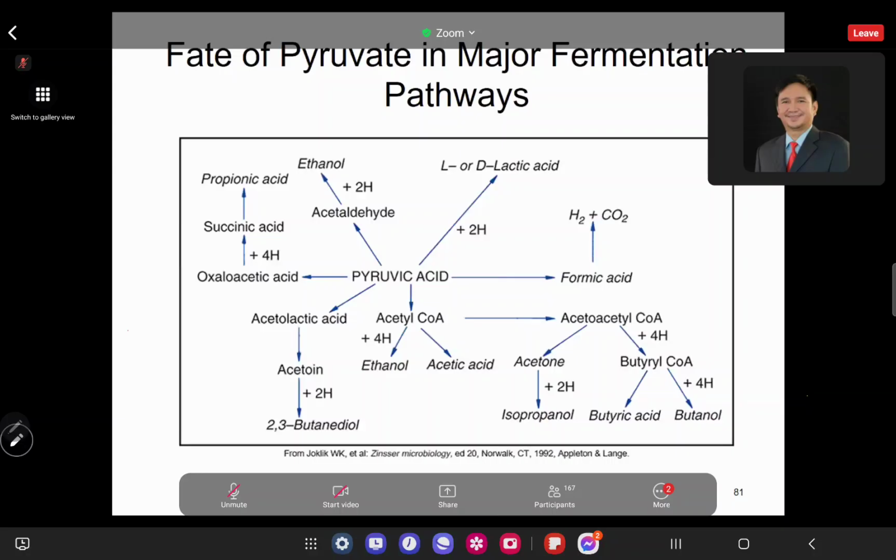Look at this diagram, guys. It will illustrate how pyruvate is central to various fermentation pathways in microorganisms. So pyruvate, look at this one. Pyruvate fermentation produces L and D lactic acid.